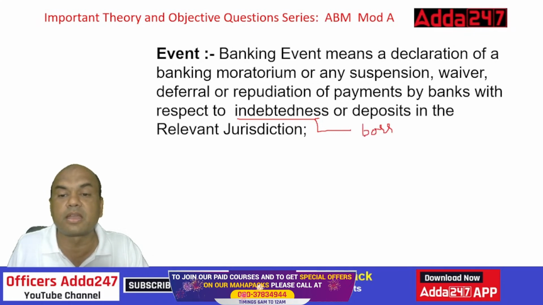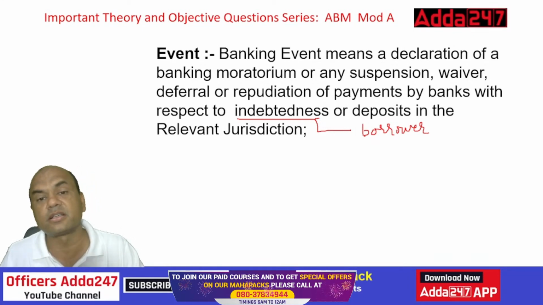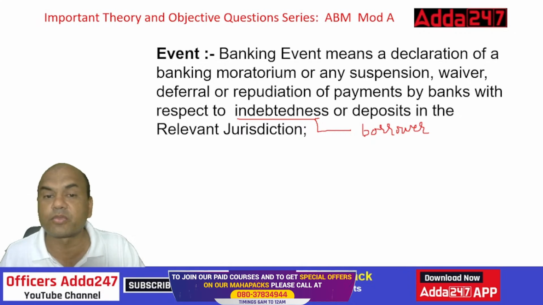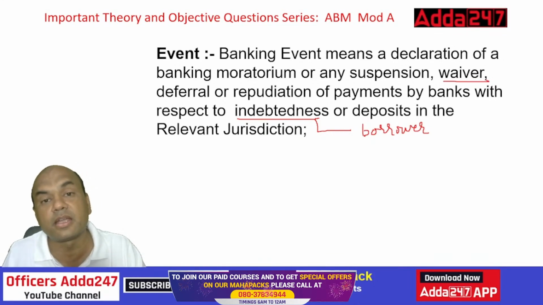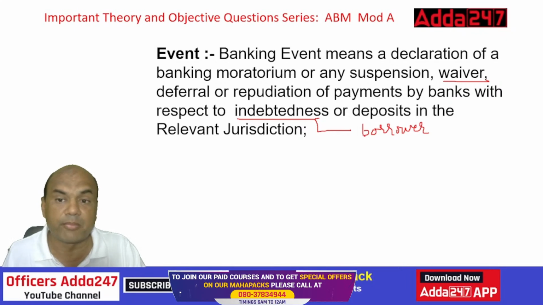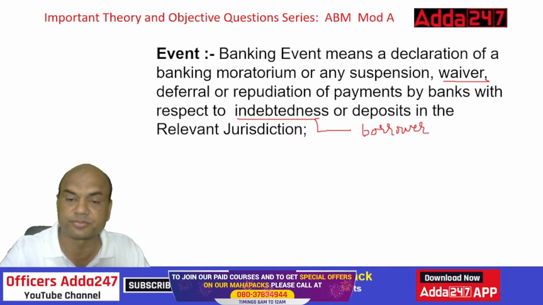So this borrower is given this moratorium or suspension or waiver. Understand the difference: waiver is not paying at all. Suspension or moratorium means paying at a later date, but you have to pay. But in waiver, you should not pay at all. So indebtedness or deposits in the relevant jurisdiction.